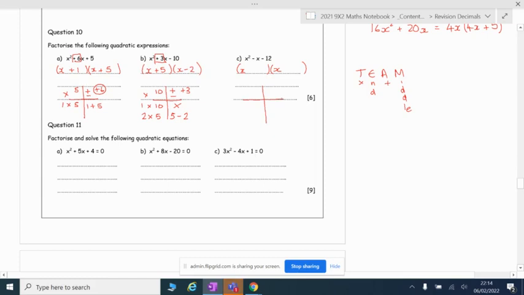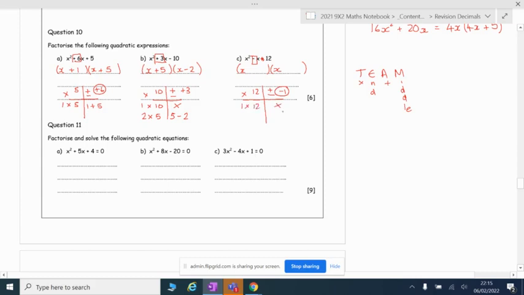And finally, before you try a couple, you've got a times to make the end, which is 12. Again, not so worried about that sign there. But add or take away to make, well, what number is in the middle? Minus x. Well, actually, if there's no number there, that means we're aiming to get minus 1, and that threw a few people. So 12 could be 1 times 12.